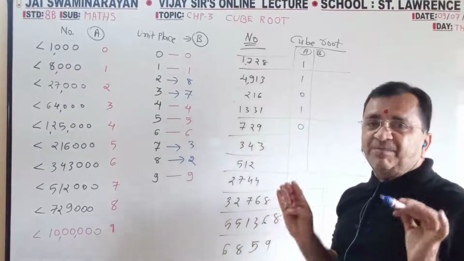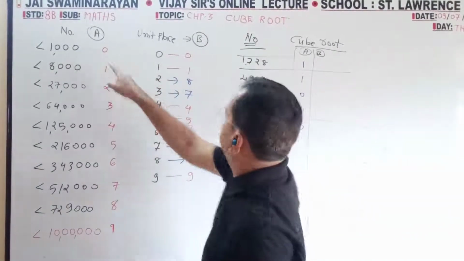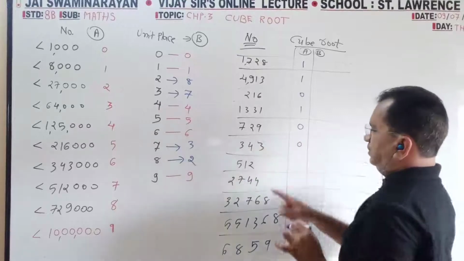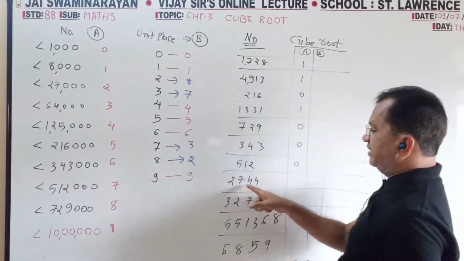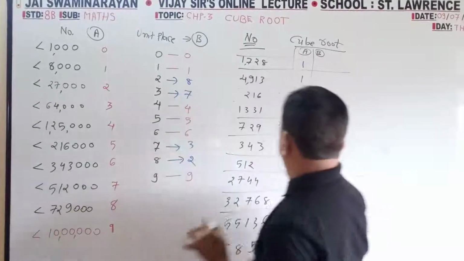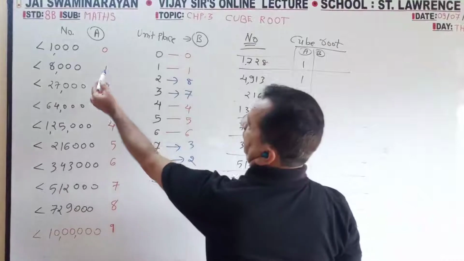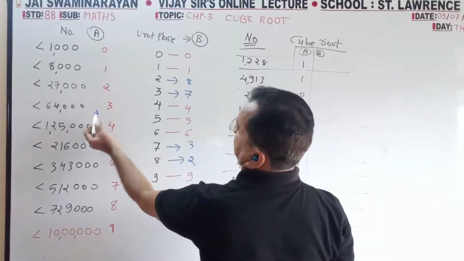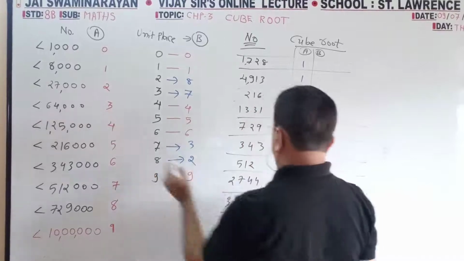Try to understand part A. 343 is less than 1000, so 0. 512 less than 1000, 0. 2744 is in this group, 1. 32,000: 32 is not less than 8, not less than 27, more than 27, so it is in this group.